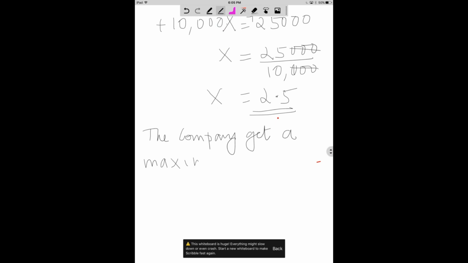The company gets the maximum profit when the discount is 2.5 times 10, that is $25.